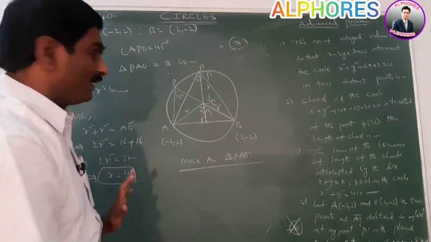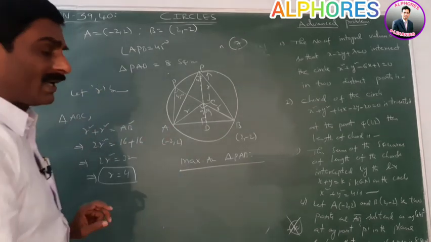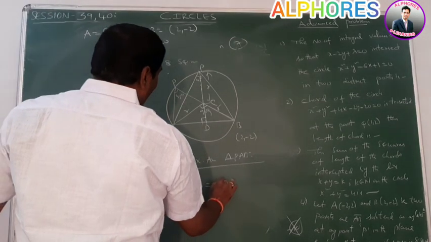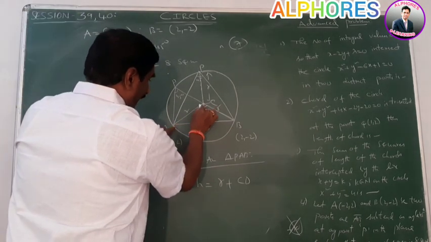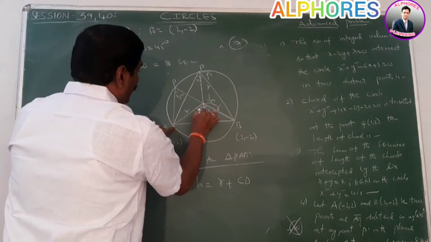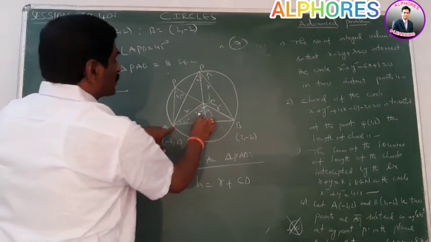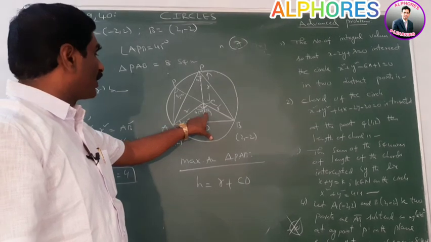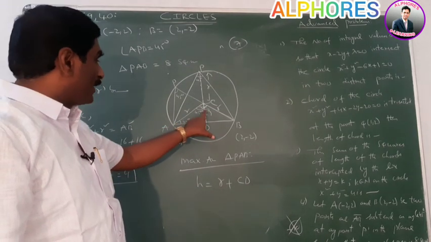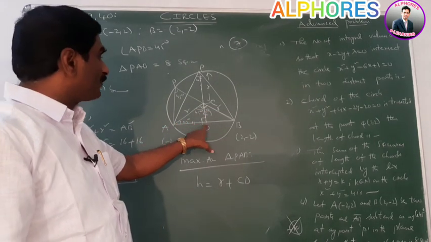We find the height. Say this value is D, PD. Height H is equal to R plus CD. CD is, in this right angle triangle, 90 degrees, this angle is 45. Automatically this angle is also 45 degrees. These two are equal. By using this property, we find the value of CD.